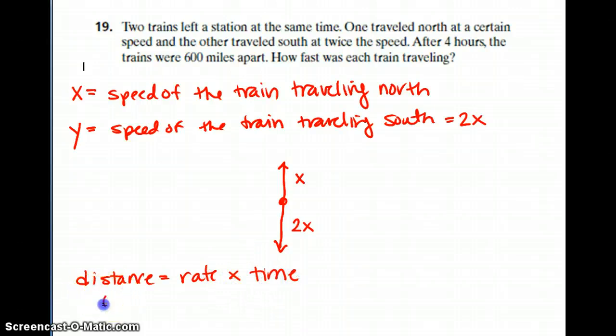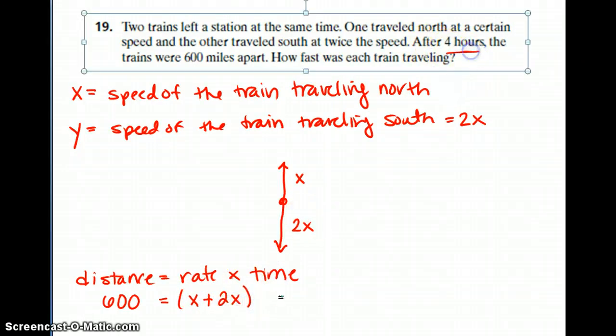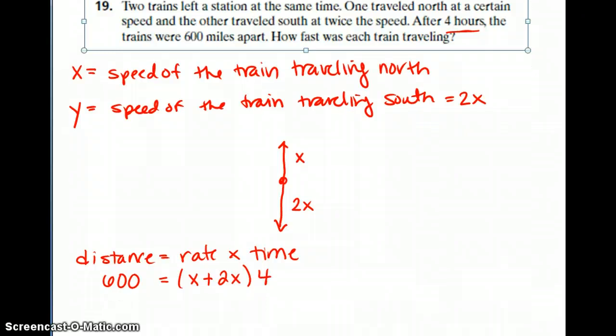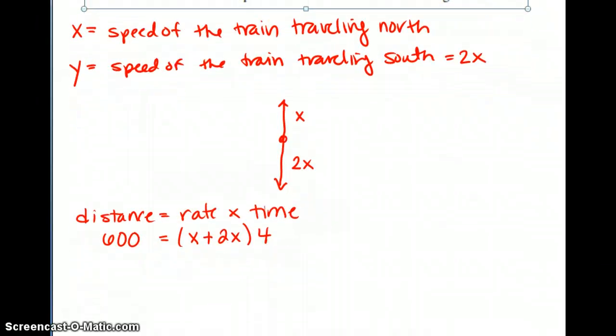Our distance that they're going to make it is 600 miles, and the rate that they're traveling is the train going north speed plus the train going south speed, and they're traveling for 4 hours. After you write the concept and the equation, the rest of it just becomes solving equations.